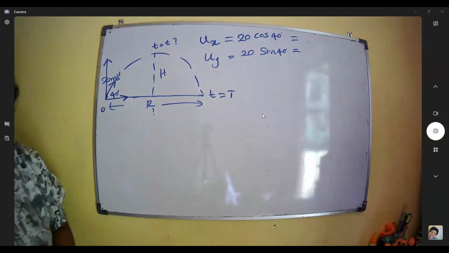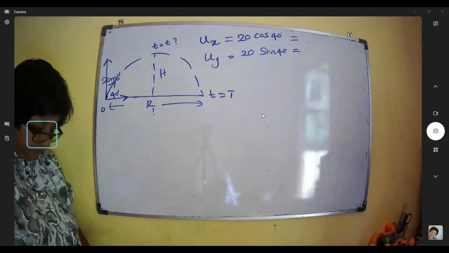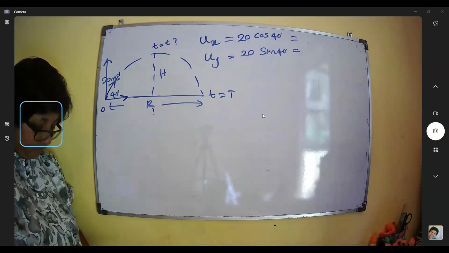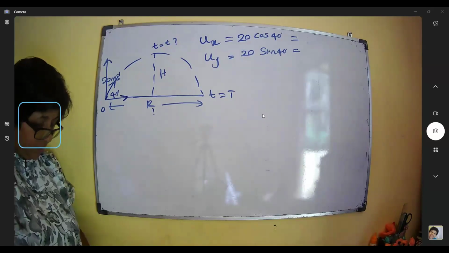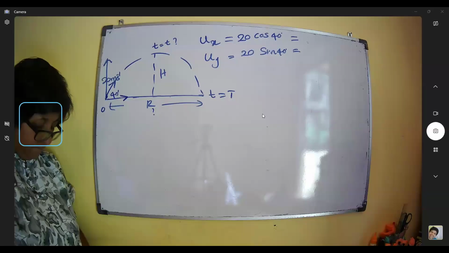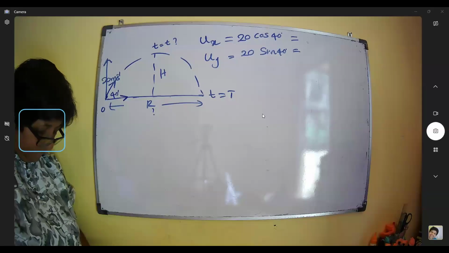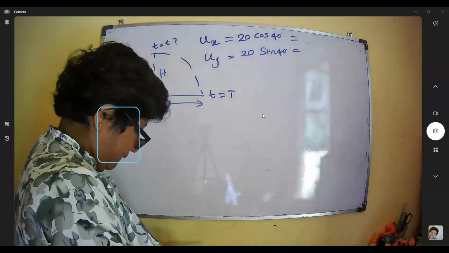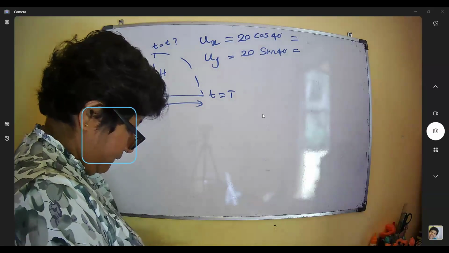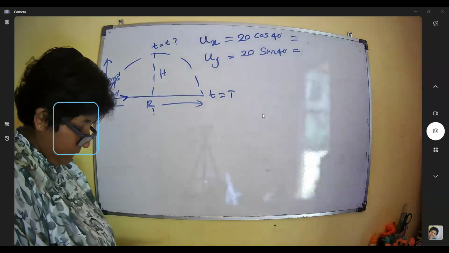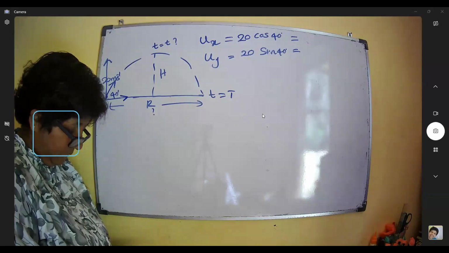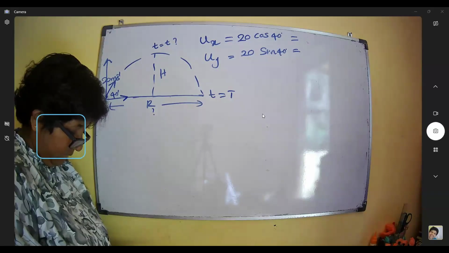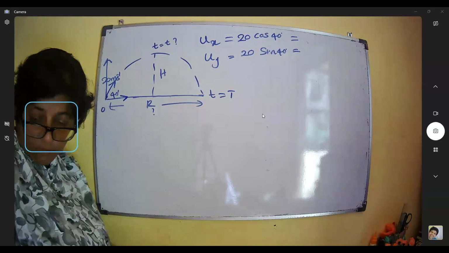The question is also asking about the vertical component of the velocity. cos 40 is about 0.6, no?